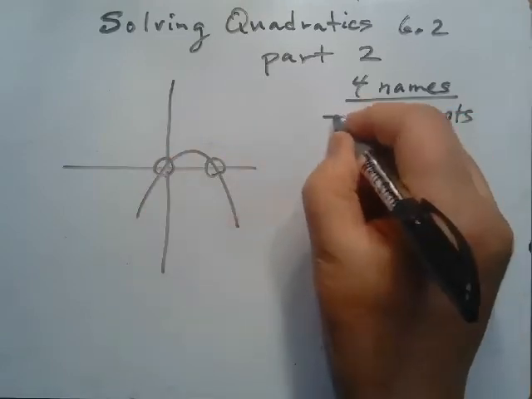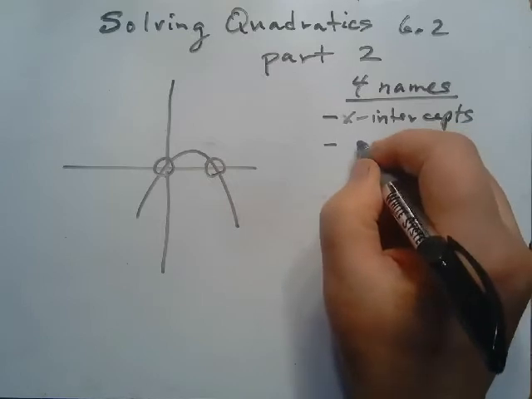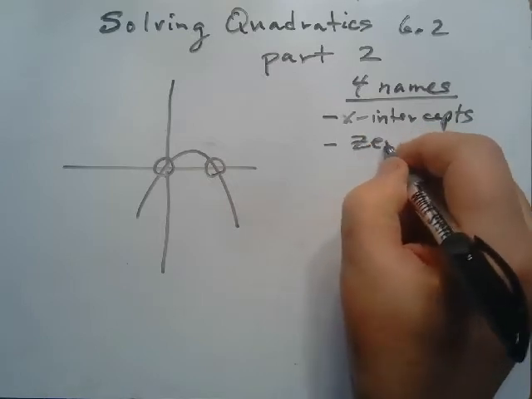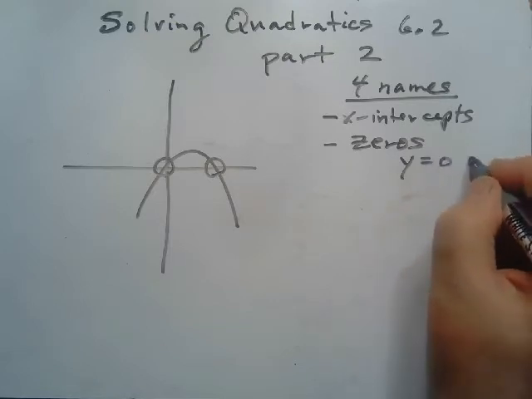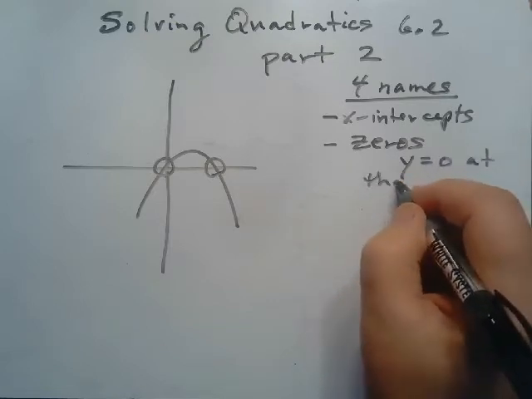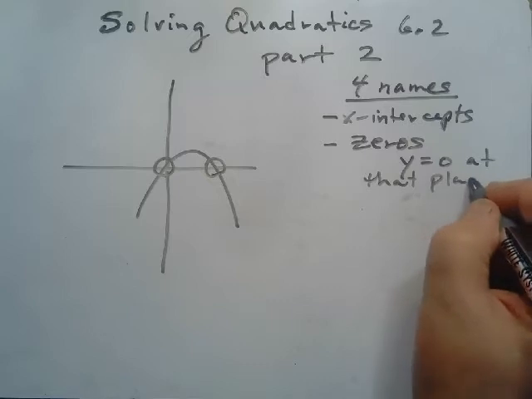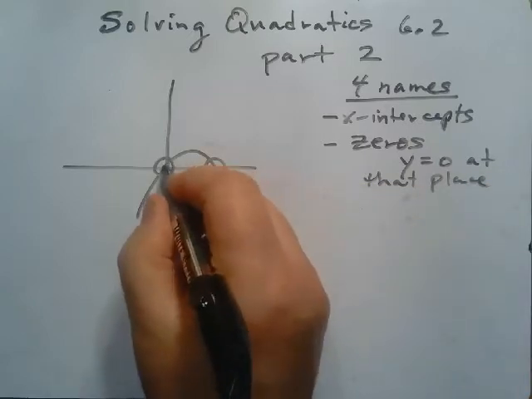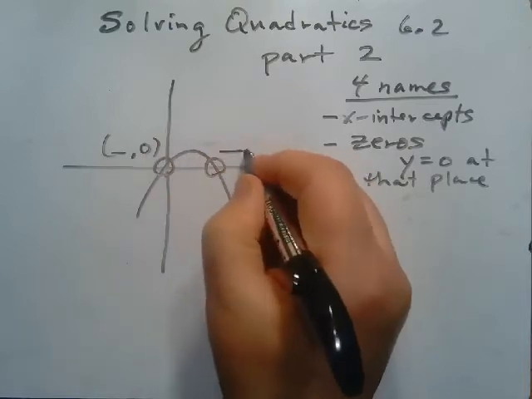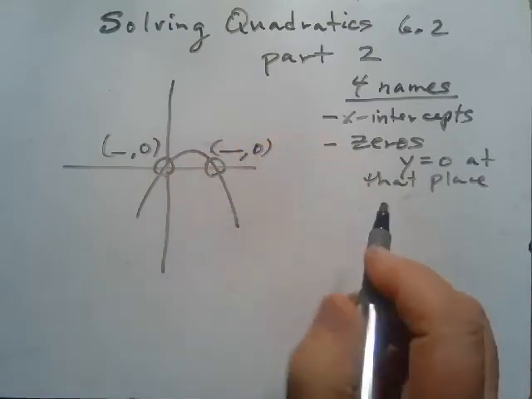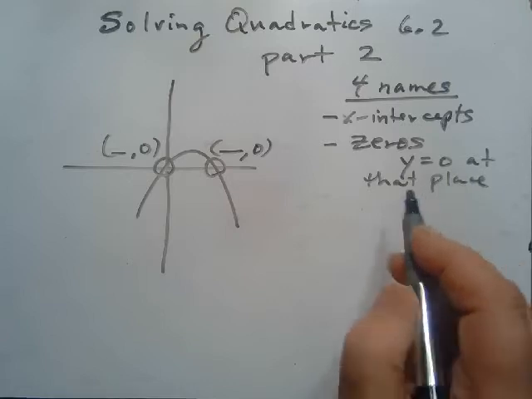They also have a name which is called zeros, and the reason they're called zeros is because y is equal to 0 at that place. See right here, those ordered pairs are something, 0 and something, 0. So the y is equal to 0 at that place.